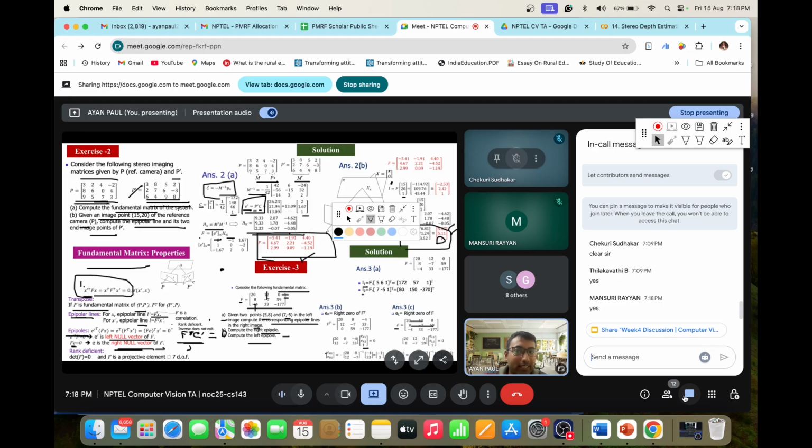So two important properties here: L dash equals F x, or if you are given L dash and want to find L, that is F transpose into x dash. And second, regarding the epipole, F transpose e dash equals 0 and F e equals 0. These are the two properties by which we can solve this question. I hope there is no doubt regarding this question. Any small doubt you can ask me.